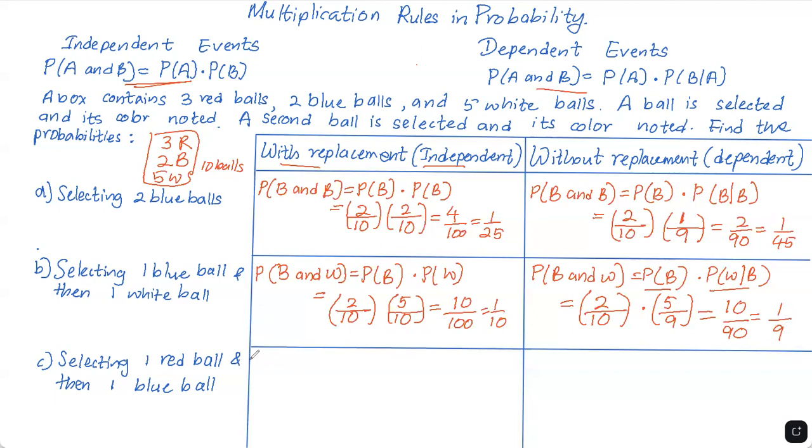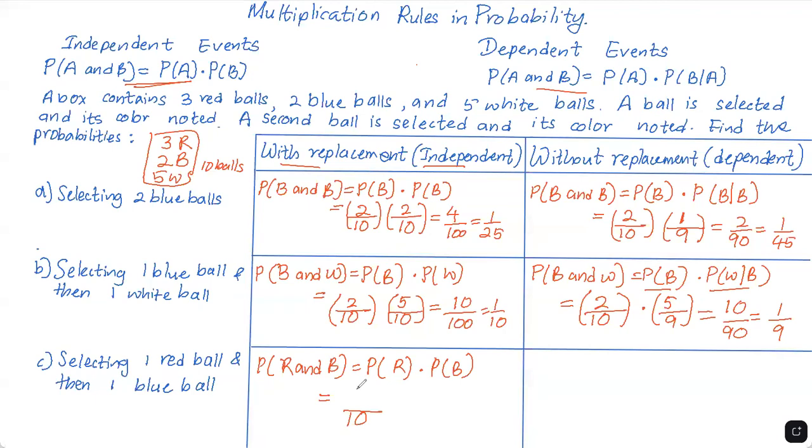Okay, let's look at the final one. Selecting one red ball and then one blue ball. Probability of red and then blue, which with replacement is the probability of red times the probability of blue. In this case, for the probability of red, in the box we have 10 balls.